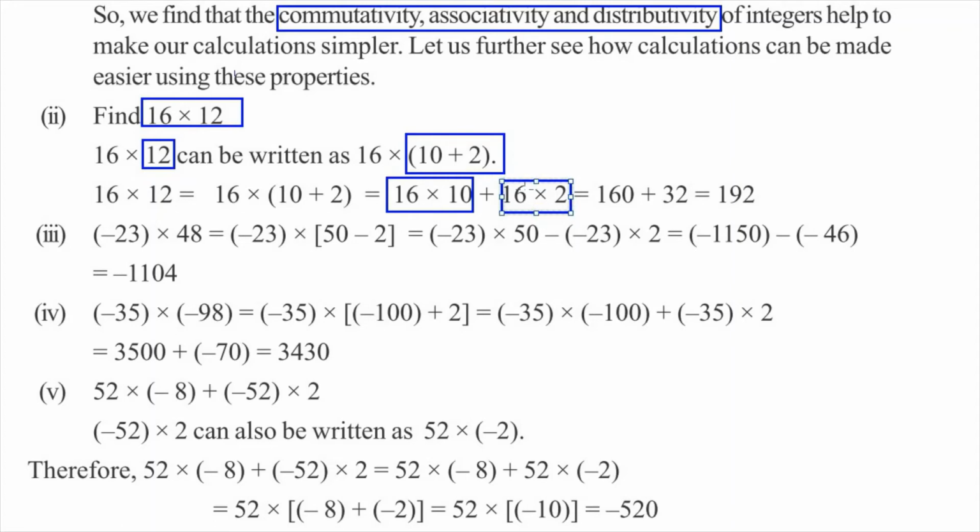These two are much easier to calculate individually than 16 into 12. This is actually an expansion of the mechanical multiplication we do, but this is a much easier way to write it down. So we find that 16 into 10 is 160, 16 2s are 32, and their sum is going to be 192.